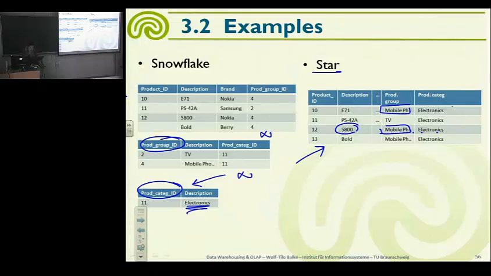If we're looking at electronics here, then that would be, for instance, you're looking here at Nokia and Blackberry, and then using the foreign keys, you go over here, which is a mobile phone, and then electronics, and this is one of the electronics. Of course, there's also the Samsung and so on and so forth, but you might have here something that is clothes or something else, but you have to basically go with the foreign keys and do the joins, unlike the star schema.